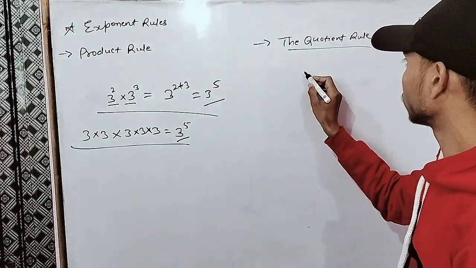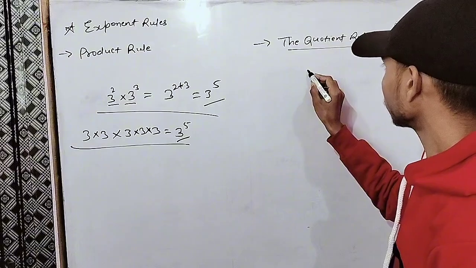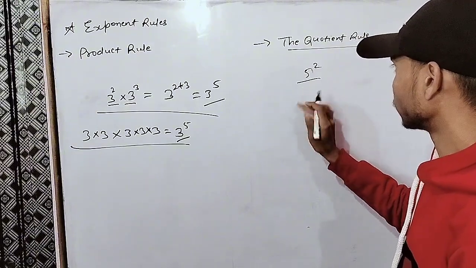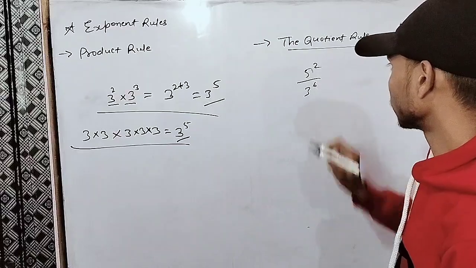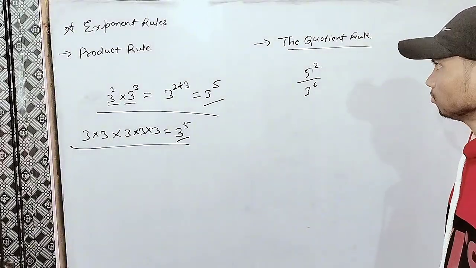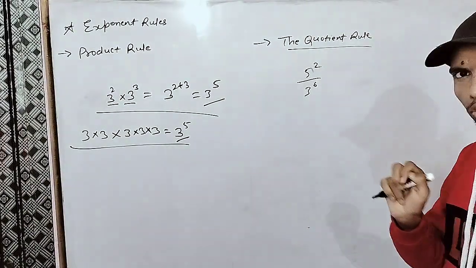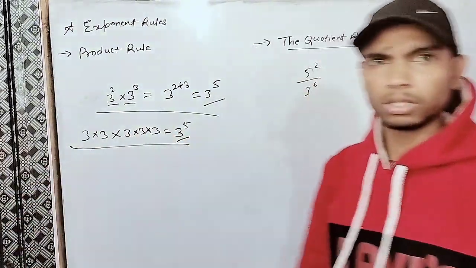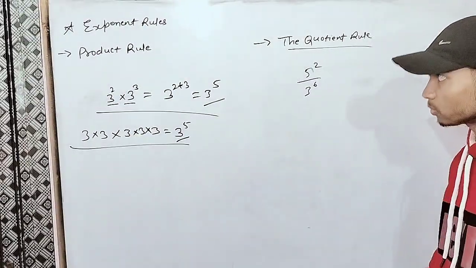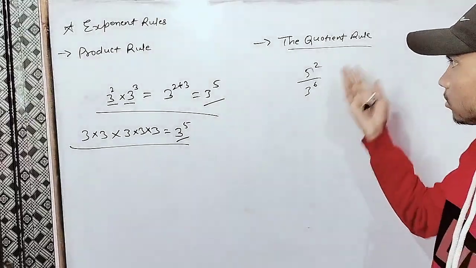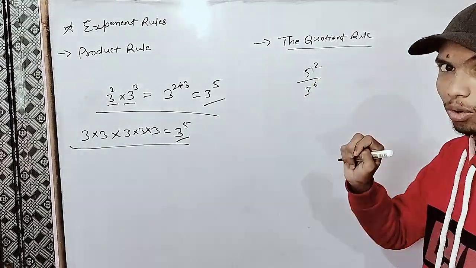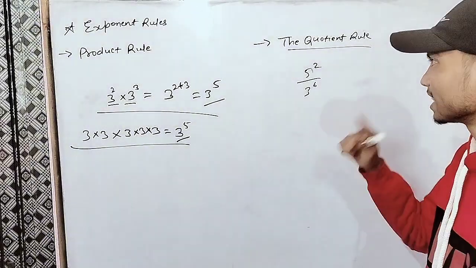Let's say 5, then 2. We have a division like that. So where is what base? 5 is base, 3 is base, but 2 is exponent. 2 is not base, 6 is a base.